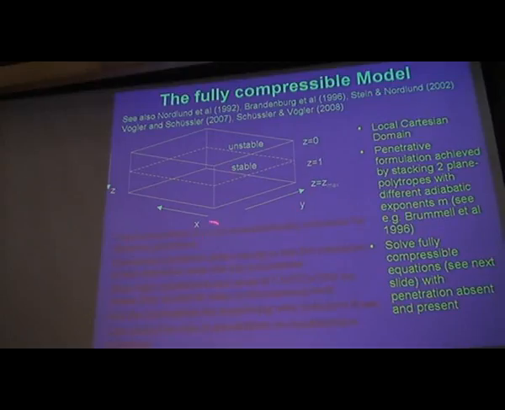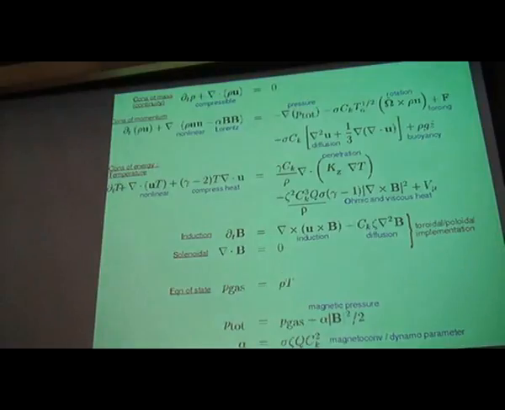Now, I'd like to stress that this formulation is very computationally intensive, and this is not a good way to study turbulent dynamos. In the fully compressible computations, it's a real pain. You get numerical problems, and we have to use very, very high resolutions for cases that would be trivial in the Boussinesq limit. But you can study the role of penetration, which is what we do. Okay, these are the equations.